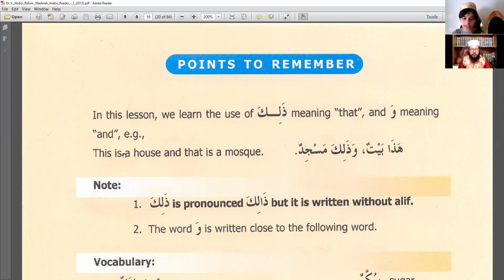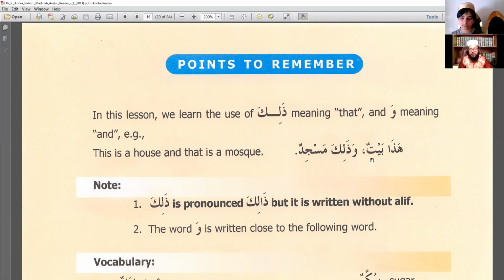So let's see. This is a house and that is a mosque. So the Arabic is: Hada baitun wa dhalika masjidun. Hada, this, baitun, house.